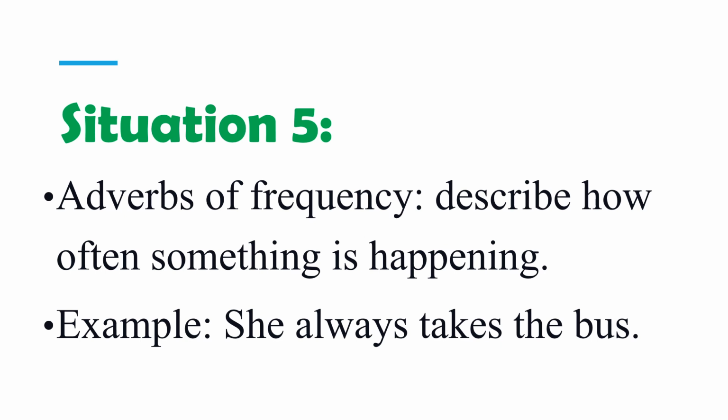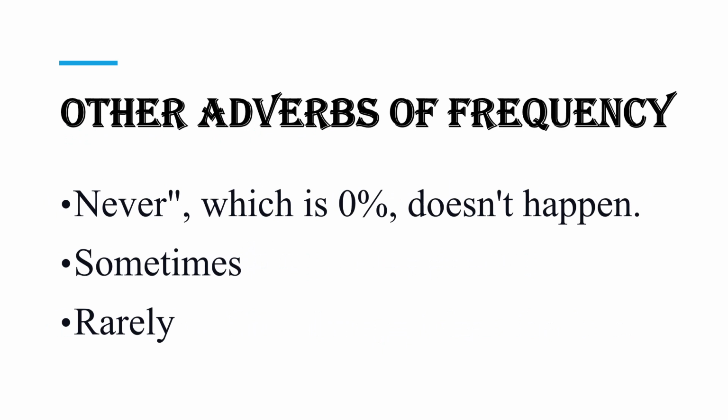So, if always is like 100% of the time, we have other words such as never. Never, which is 0%. It means it doesn't happen. We could say here, she never comes on time.